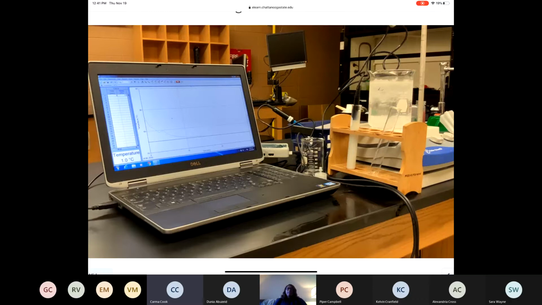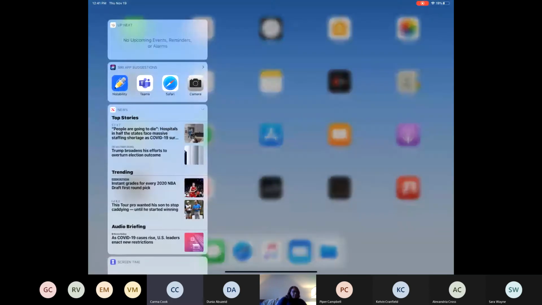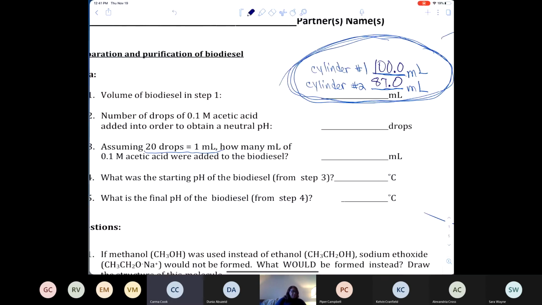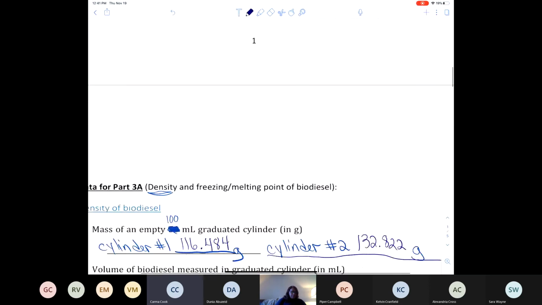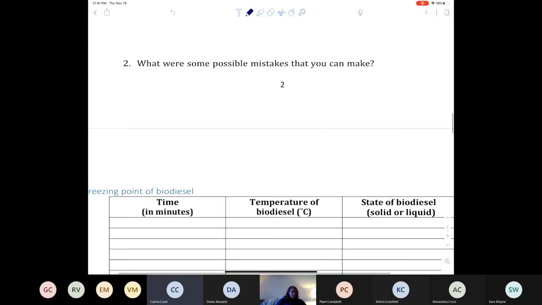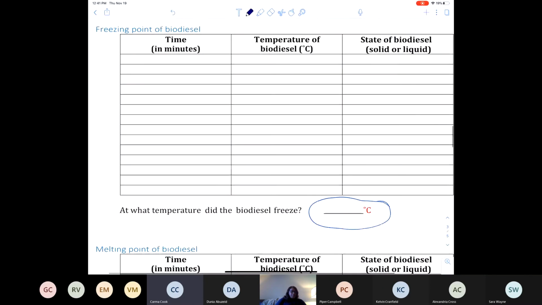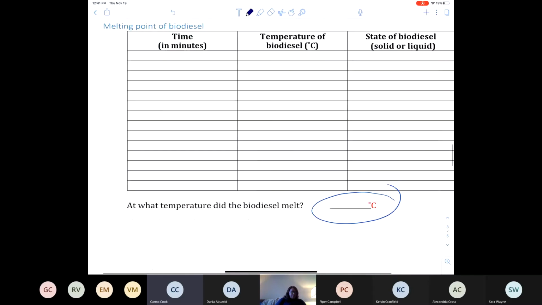I see that everyone is in the general meeting room. So does that mean that you have completed both the density determination, the 2 questions? You've also filled out your data sheets for the freezing point determination, as well as the melting point determination?